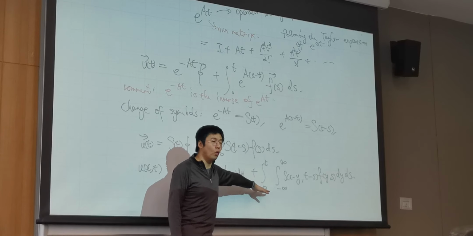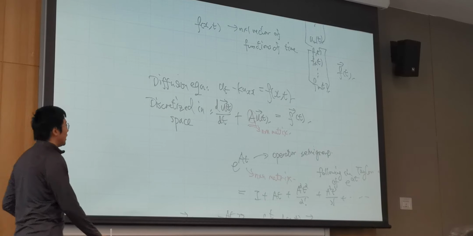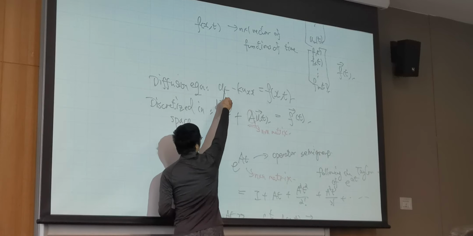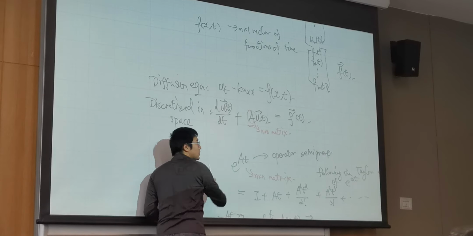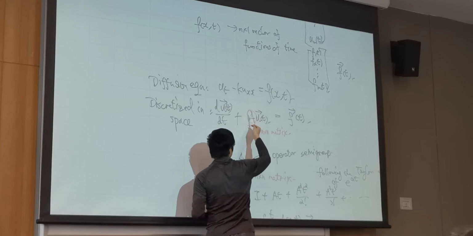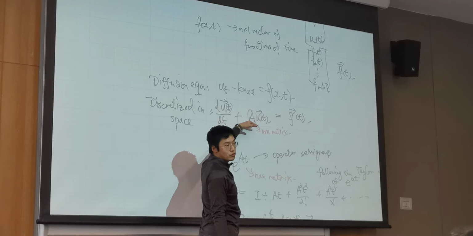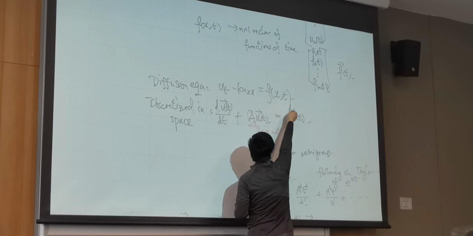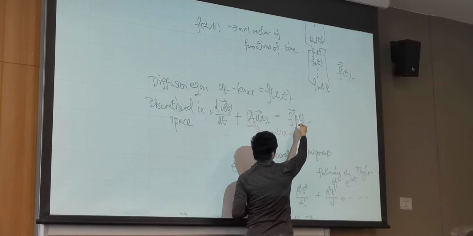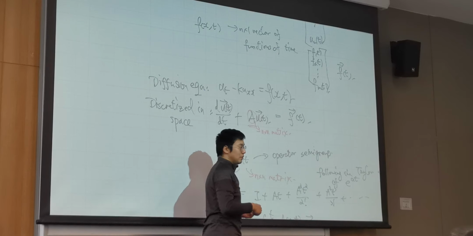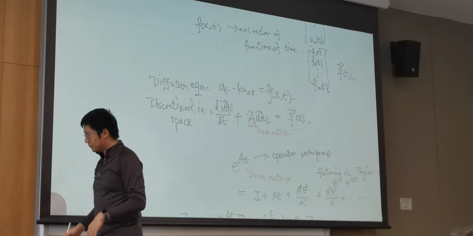The only thing that they share in common is that I have something involving forward in t, a linear operator, in this case the linear matrix, and I'm also having a source term, in this case f(x,t), in this case the f(t).